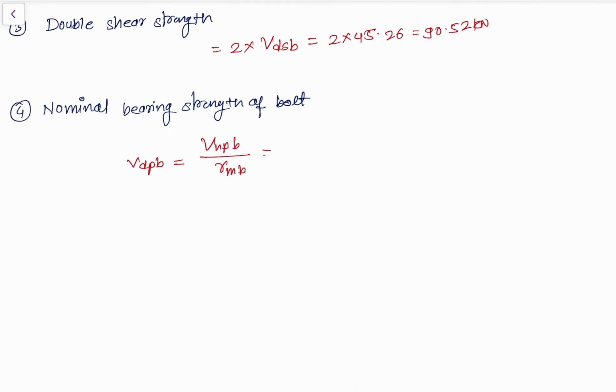So the VNPB formula is 2.5 into KB into D into TB into FUB.